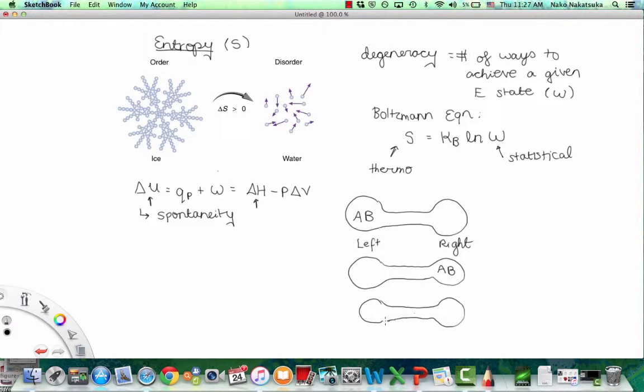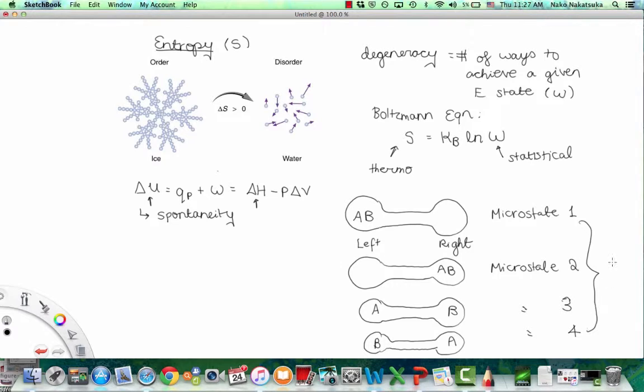Excuse the not-best diagrams, but another state would be A being in the left and B being in the right. And you guessed it, the final arrangement is B being in the left and A being on the right. So this can be called microstate 1, this can be called microstate 2, microstate 3, and finally microstate 4. And all of these microstates have the same energy.